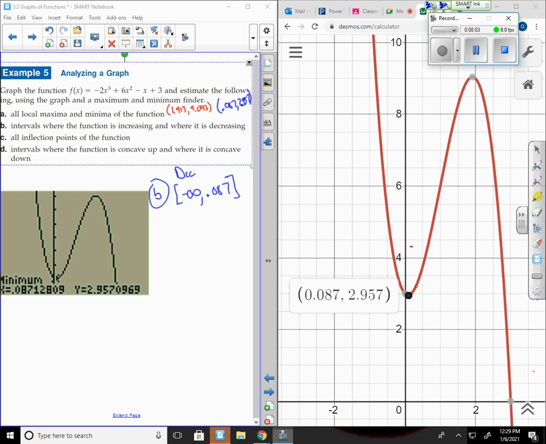And increasing from 0.087 till it hits the max, which is 1.913. And then decreasing again from 1.913 to infinity.